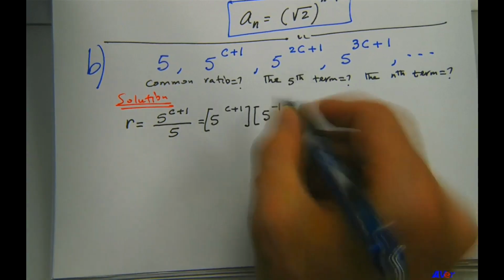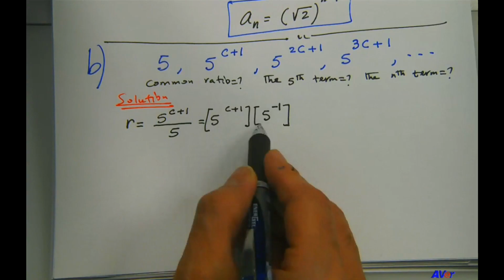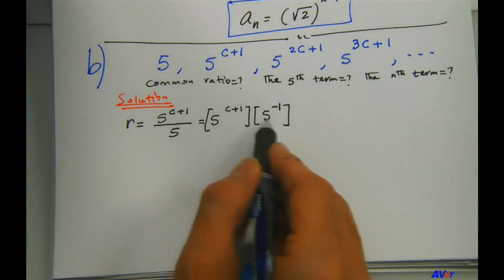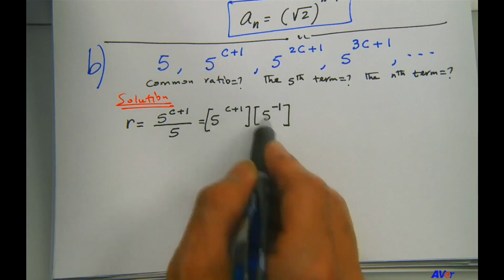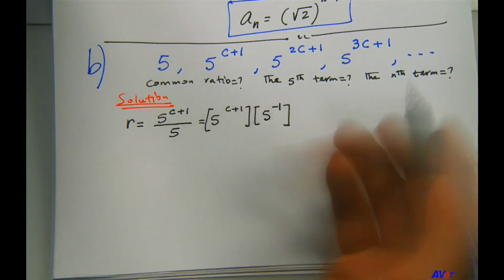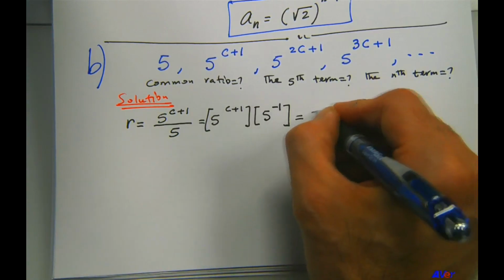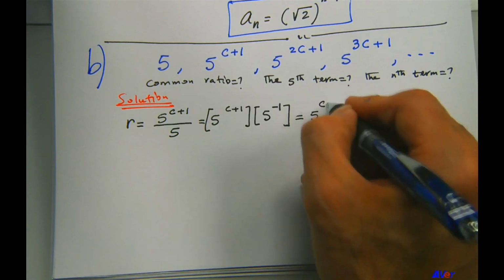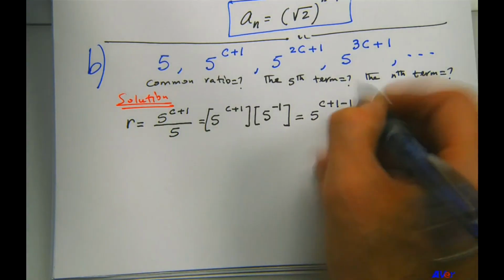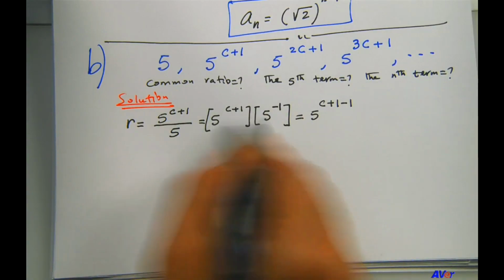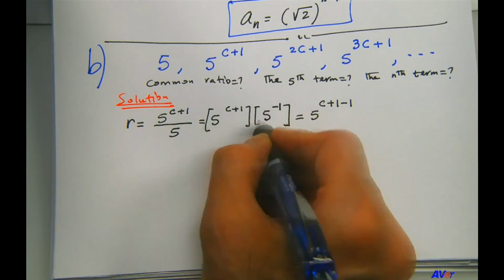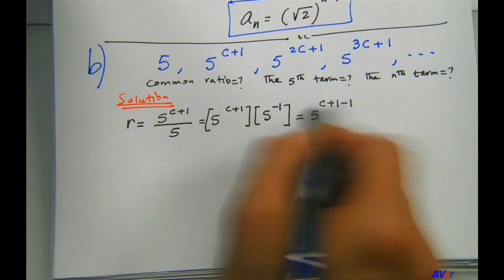Okay? So when the bases are the same, and you're multiplying two numbers that have exponents, you can simply add the powers. So you say 5 to c plus 1 minus 1. We're just adding all the powers for these two because the bases are identical. If one of these bases was different, then we could not add the powers.